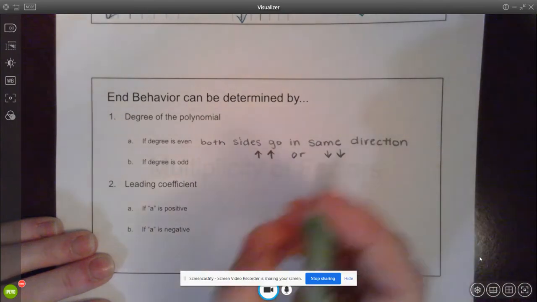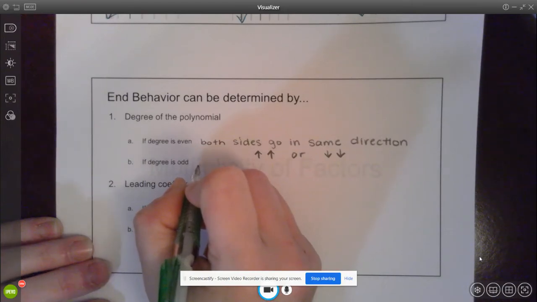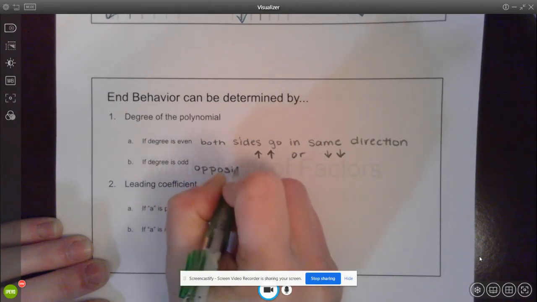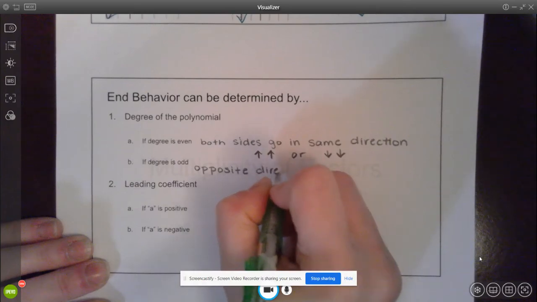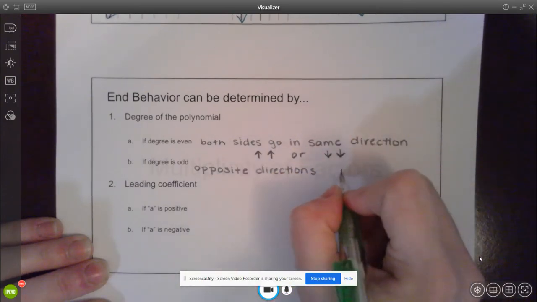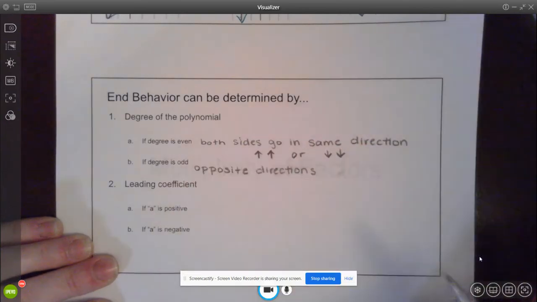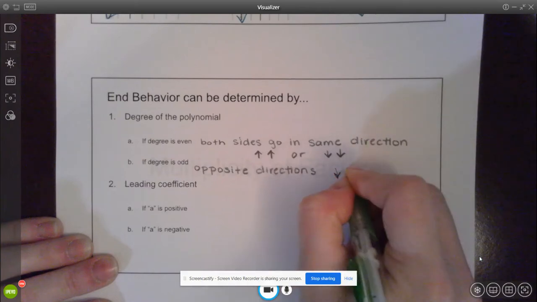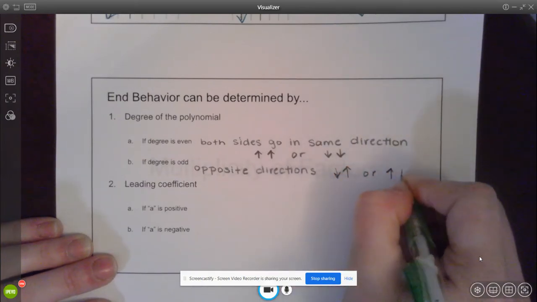If the degree is odd, then the end behavior is opposite. So I'm either going to have down, up, or up, down. Let me actually make these arrows look like arrows. Wouldn't that be nice?